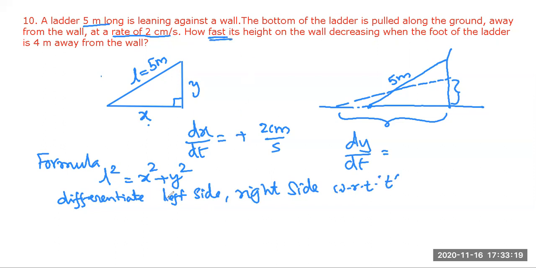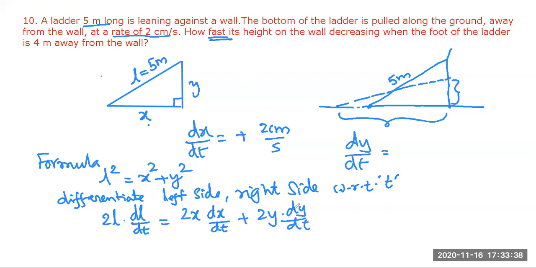So here you get 2L into dL by dt equal to 2x dx by dt plus 2y into dy by dt.